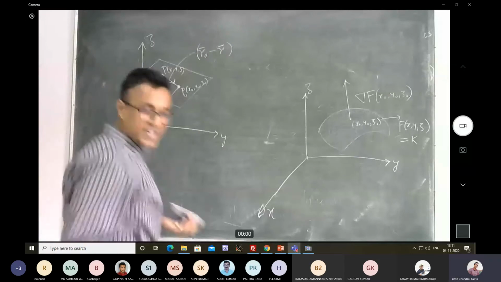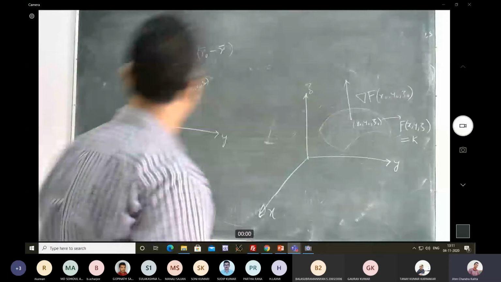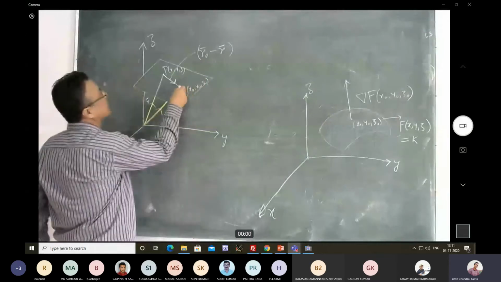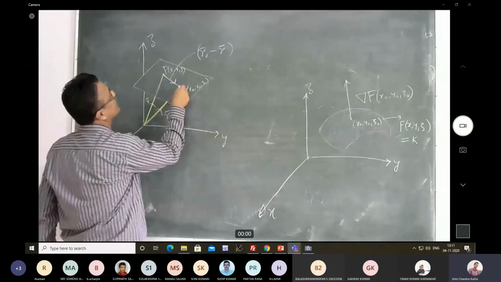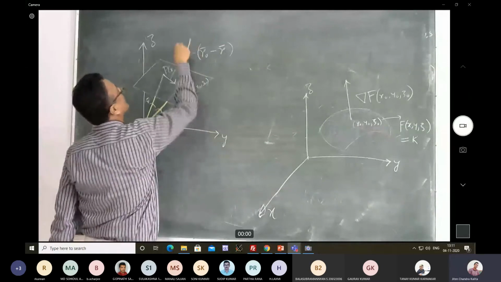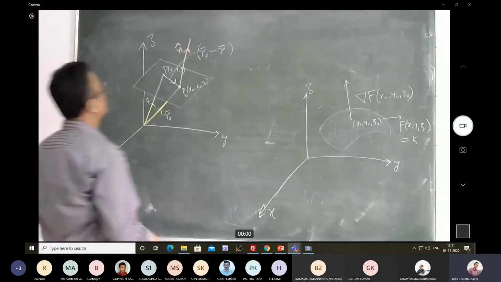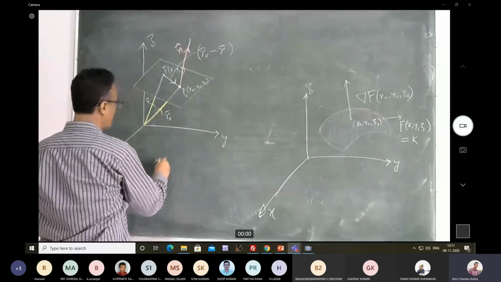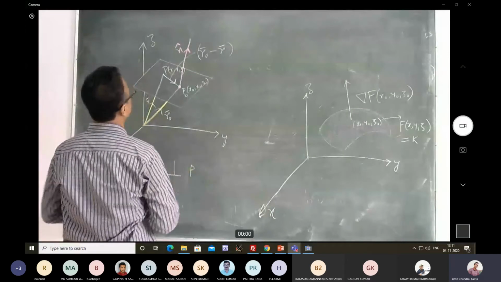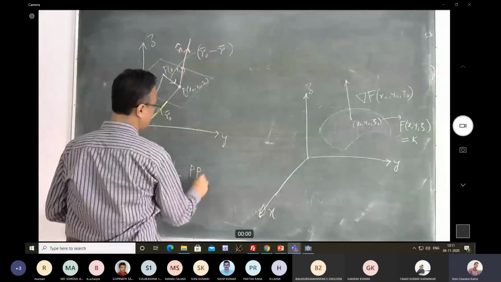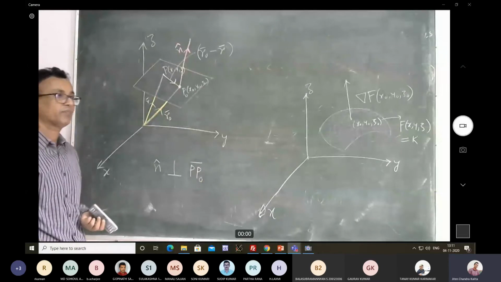Now let us consider a normal to the plane at the point P naught. Then obviously this normal is perpendicular to the vector P naught P, right? Is it okay with everybody?